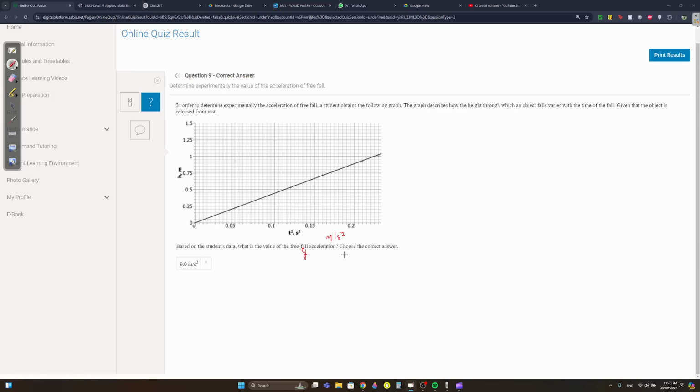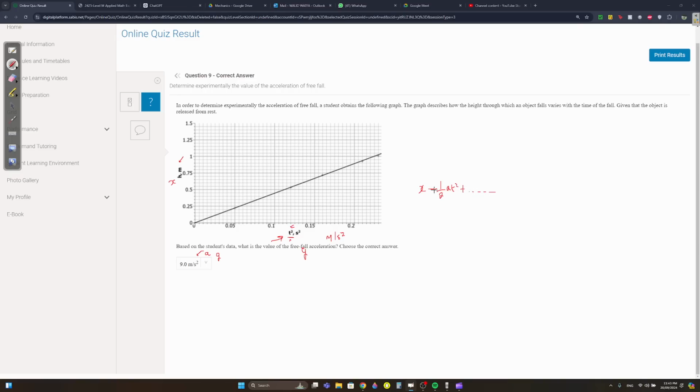If you see here, we're determining two things: the distance, and the time squared, and we're trying to find the acceleration, a or g. Which formula has h, or the distance x, time squared and a? When you see time squared, you should immediately know x equals half at squared plus and so on.